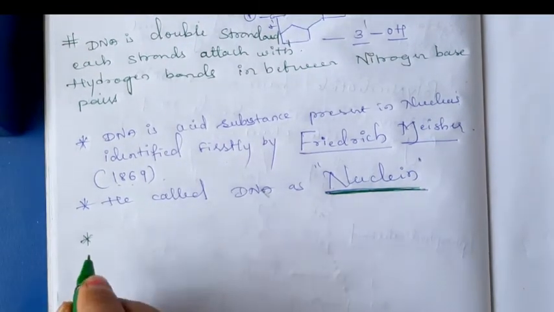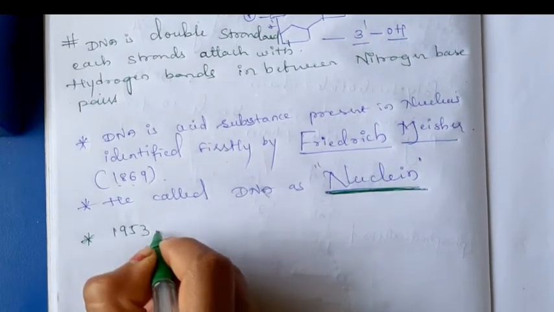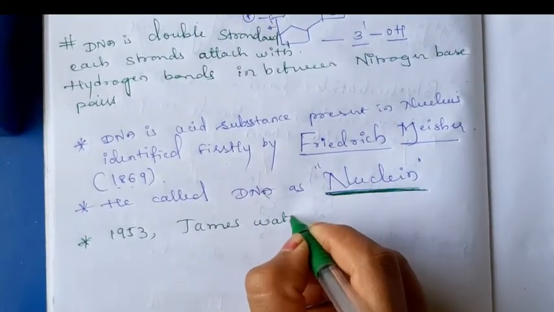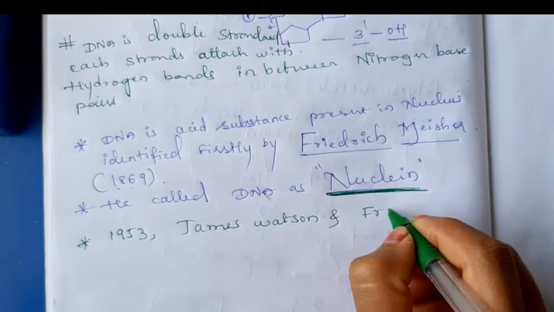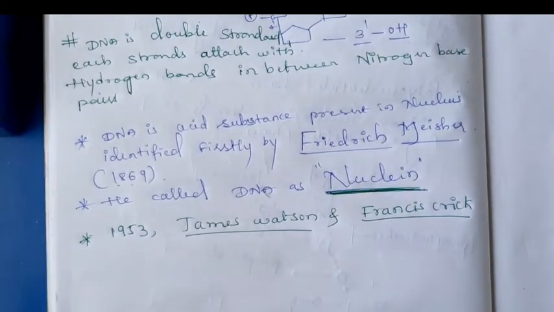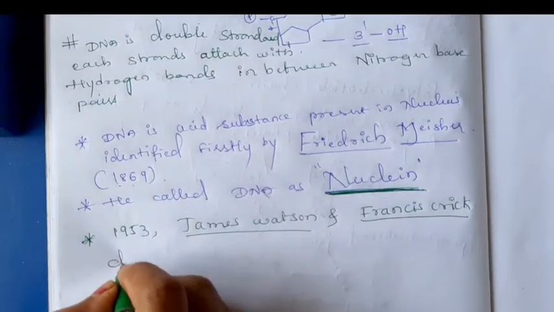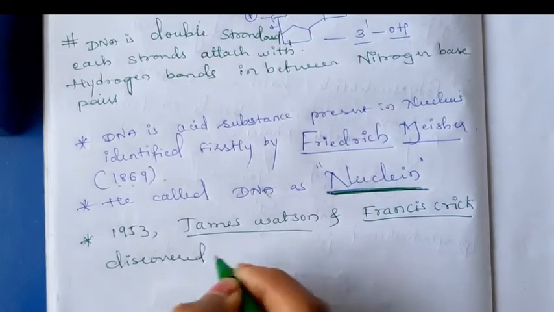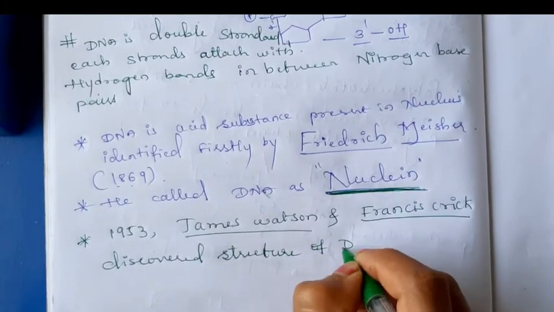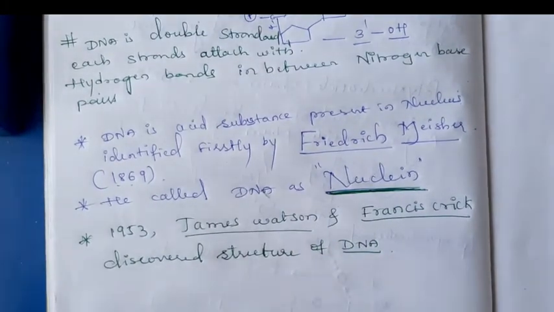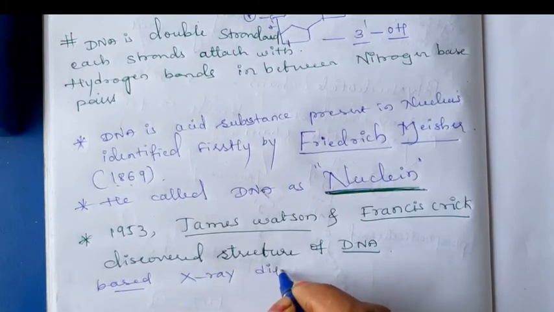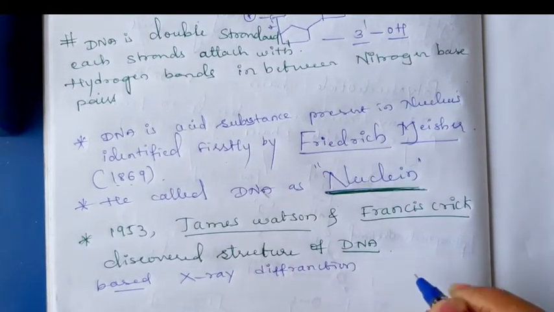Later in the year 1953, James Watson and Francis Crick, these are the two scientists who discovered the structure of DNA, based on X-ray diffraction data.